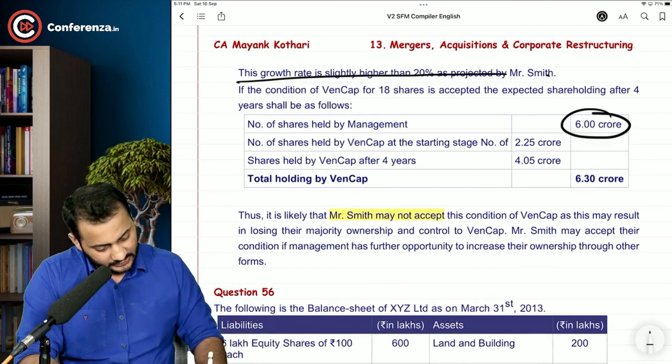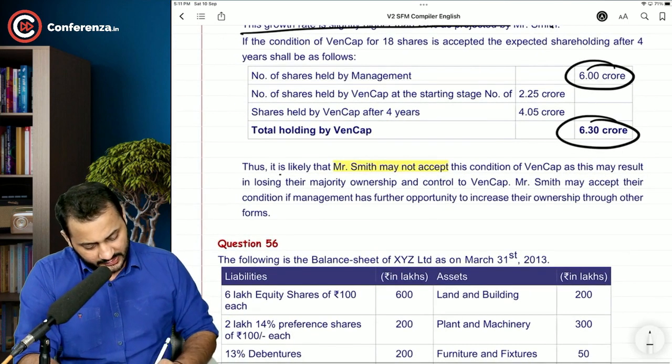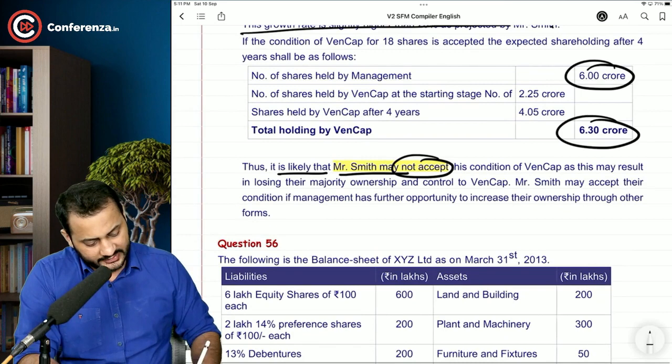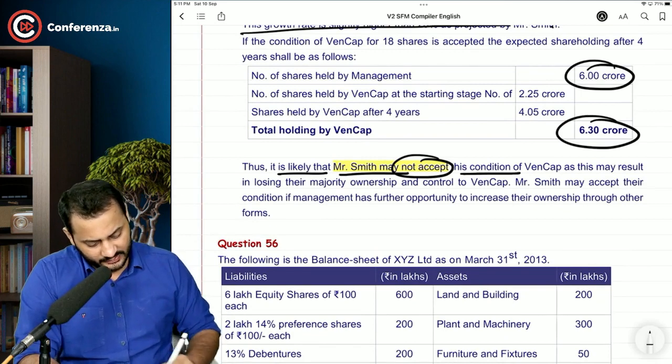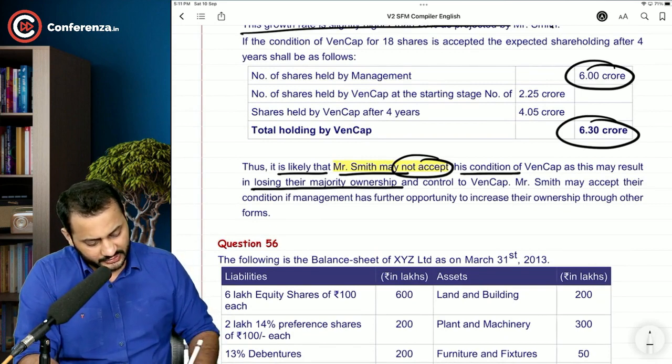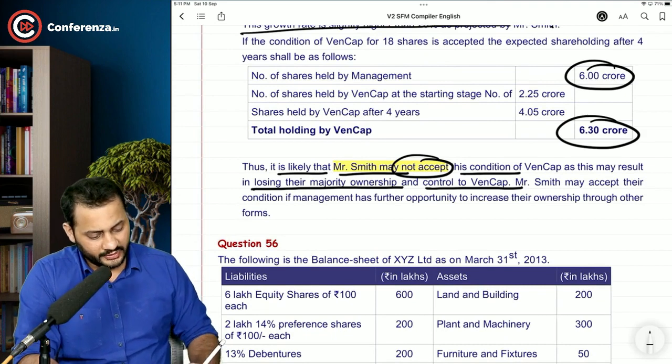See, 6 crore and 6.3 crore. It is likely that Mr. Smith may not accept this as his condition, as this may result in losing their majority ownership and control to Vencap.